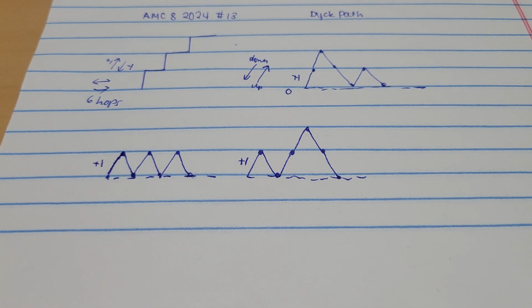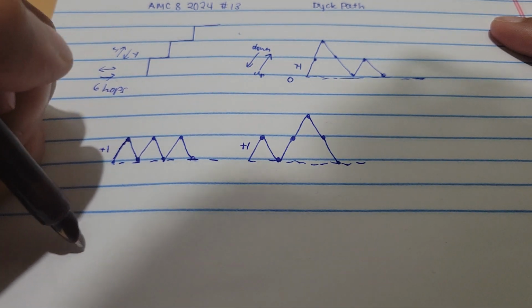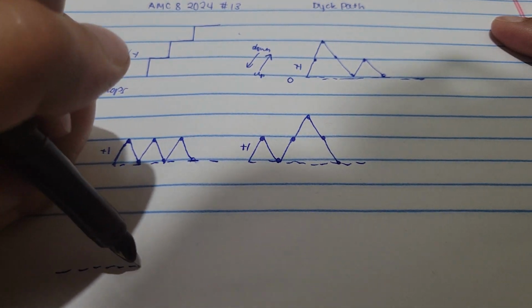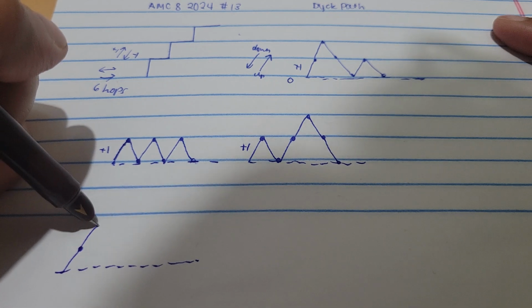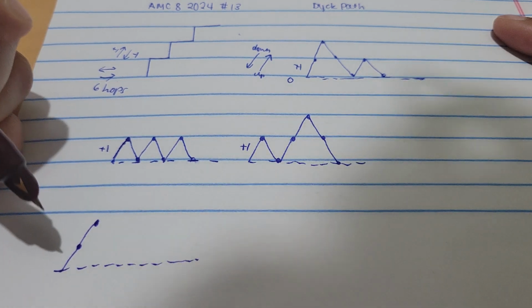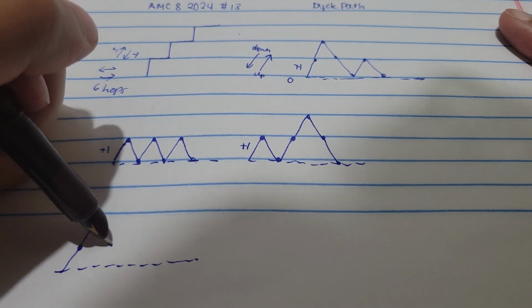So now let's try the set of sequences where you have 2 ups in the beginning. For that, oh my goodness, I'm running out of space. Sorry about this. But we start with 1 up and then 2 ups, right? And because it's only 2 ups, the next step has to be a down, right?